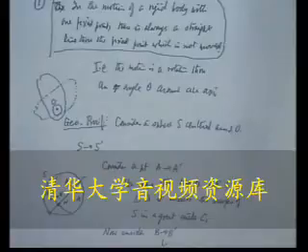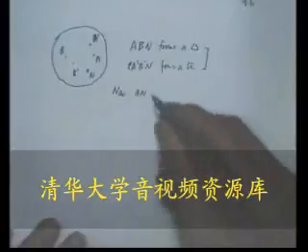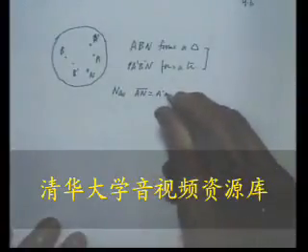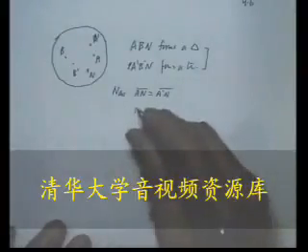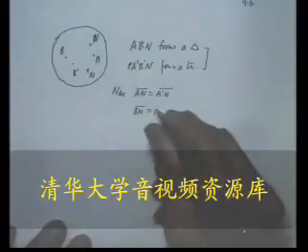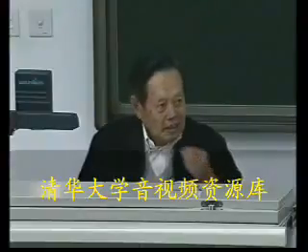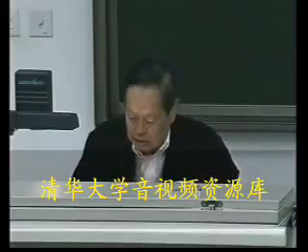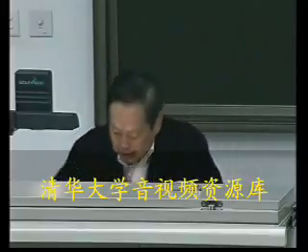Looking at the figure makes it clear. So distance AN is equal to A prime N. For the same reason, the distance BN is equal to B prime N. This is the same construction, because N is on both the first big circle and the second big circle, so its distance to B and B prime is the same.